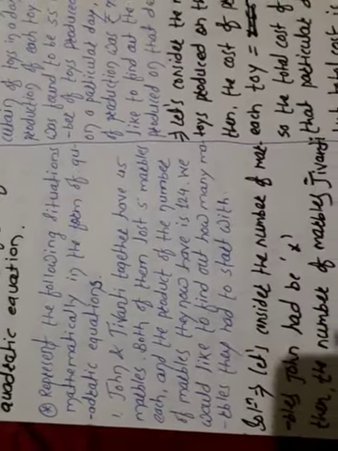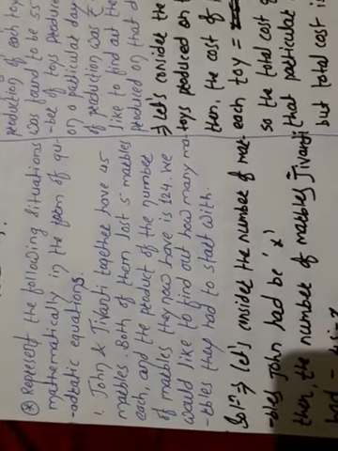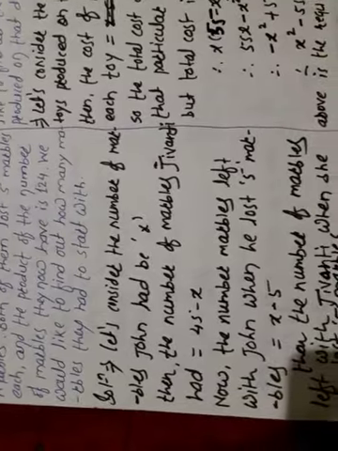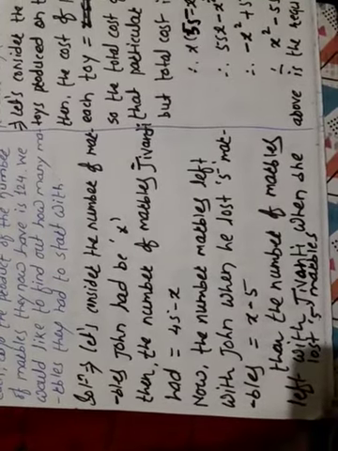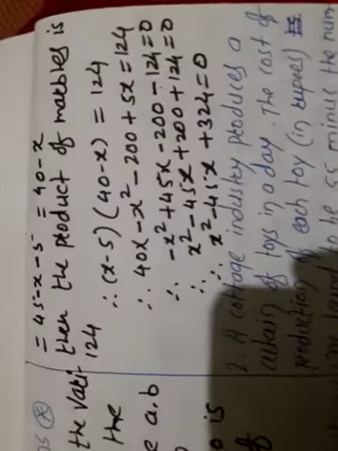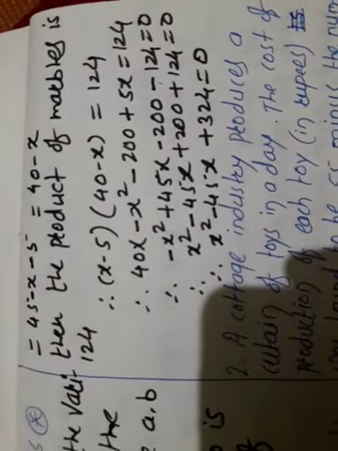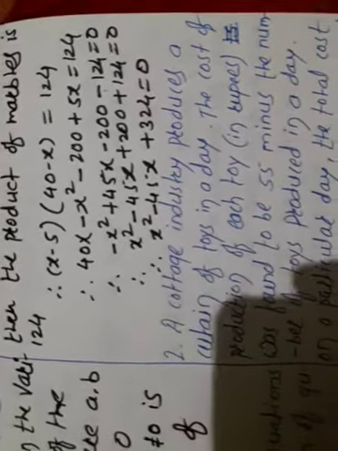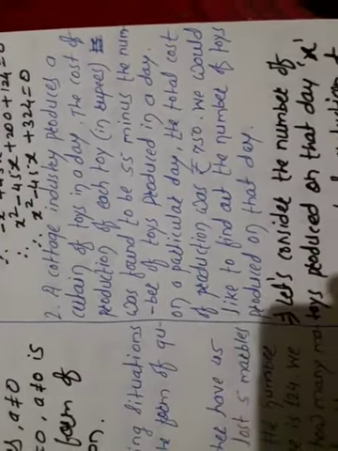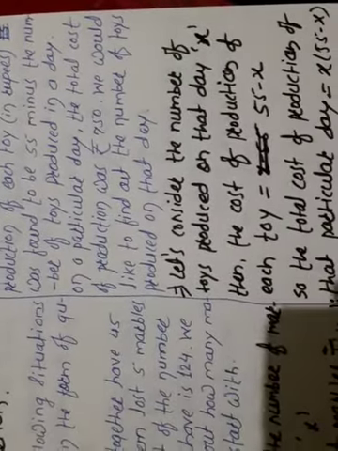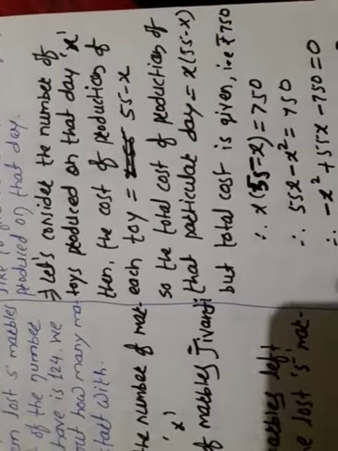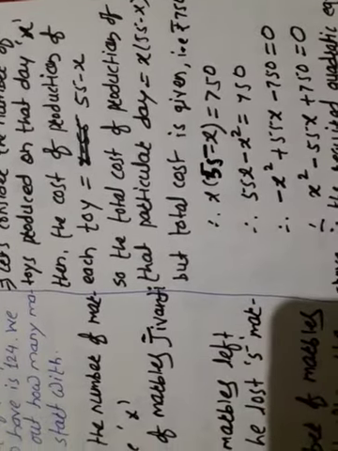Here we have seen examples. The first example is John and Jivanti's example. Then the second example we have seen regarding the cottage industry. In that, how to consider the situations. Here we found the quadratic equation in both examples.